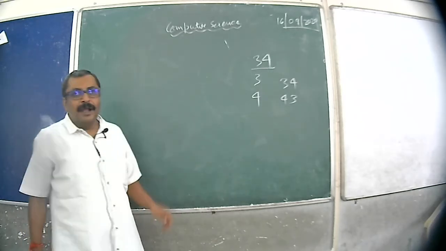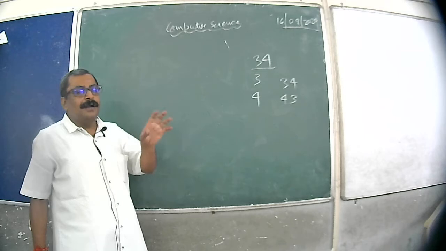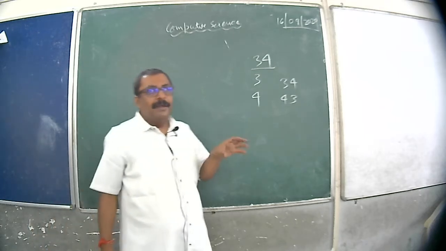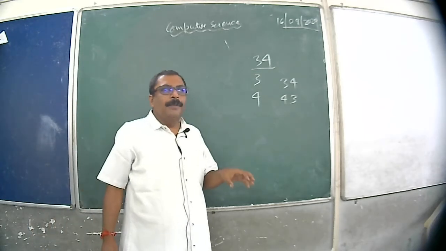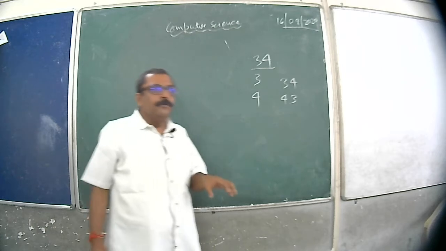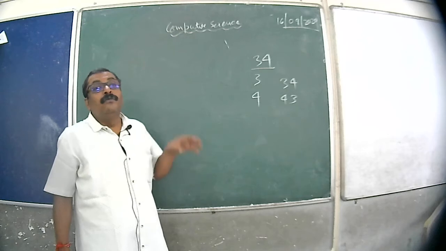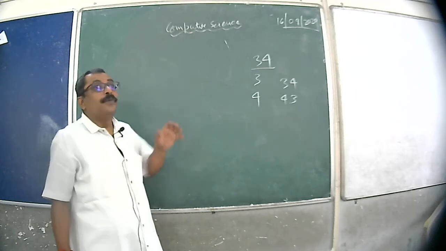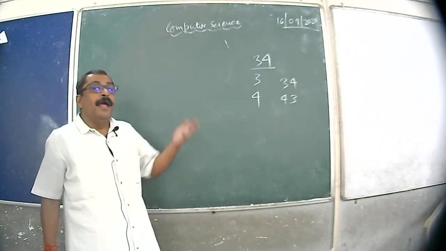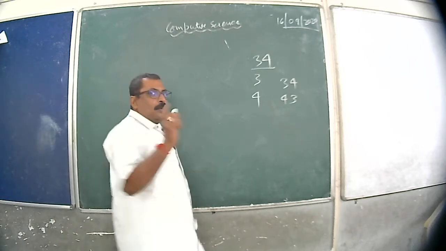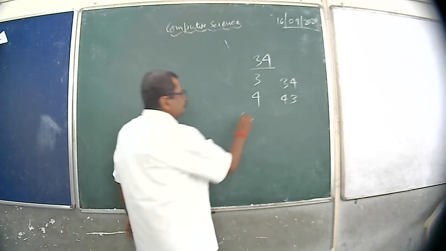Now, how many variables are required? If you map the variables at the beginning of the program, that is better for understanding what variables you have used, what their utility is, and what calculation has been performed on a particular variable.